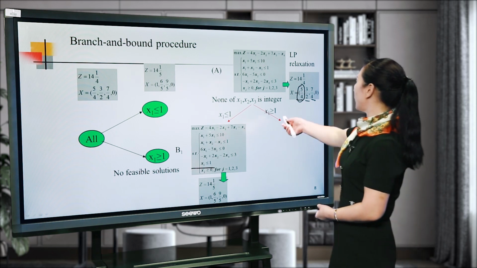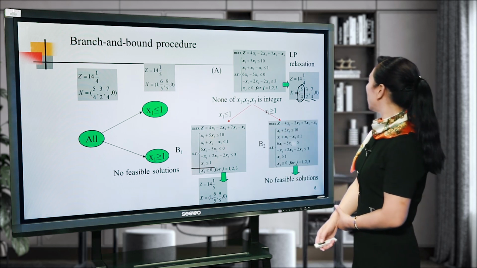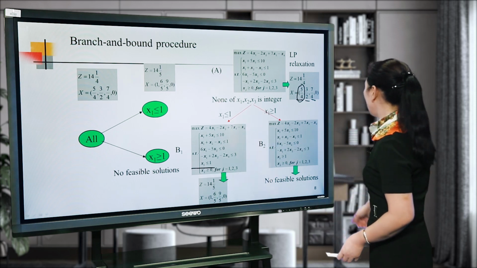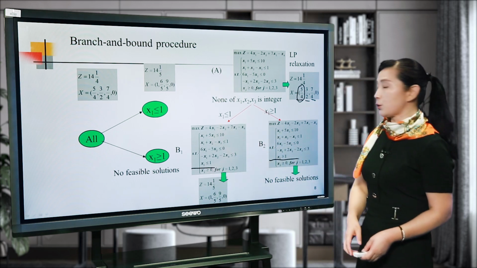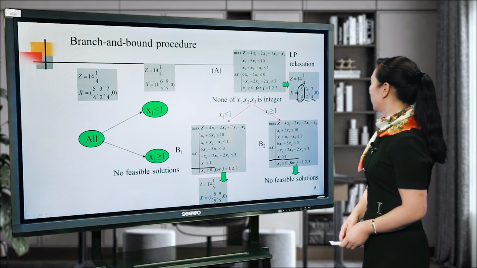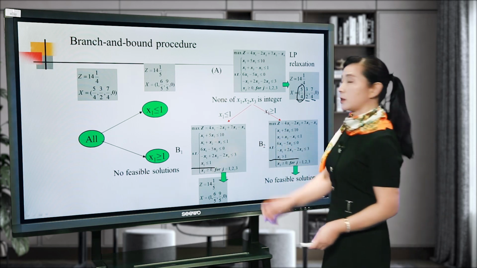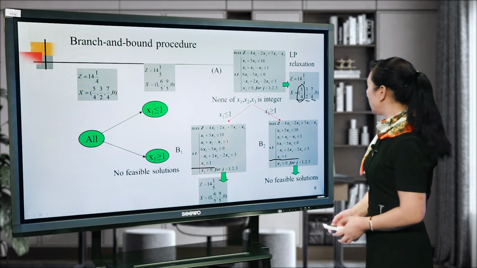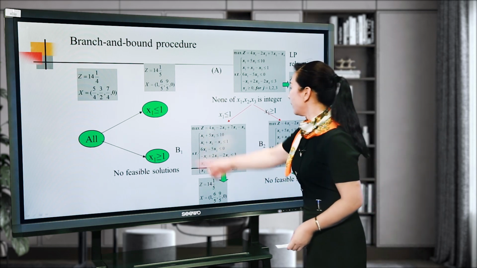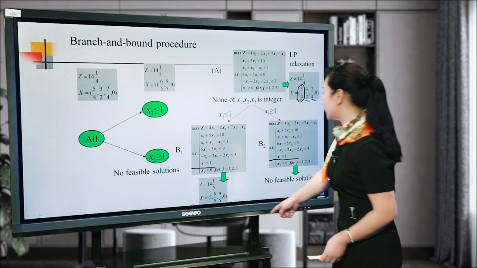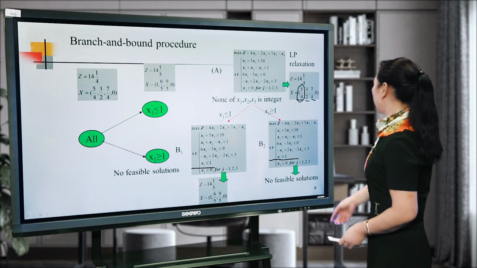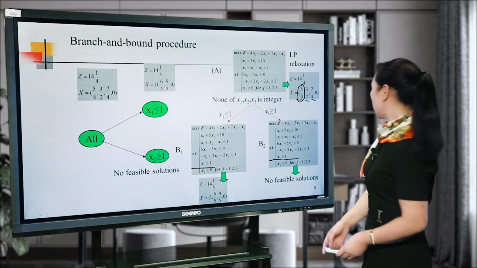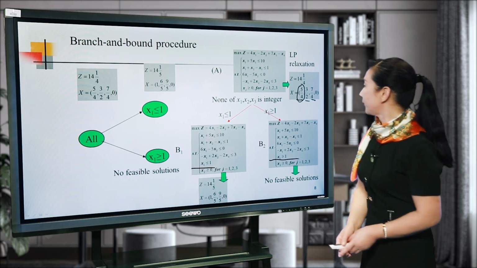And we set x1 greater than or equal to 2 to get another subproblem, B2, with its additional constraint. These two problems are LP problems. We also solve them by the simplex method, and we find that for problem B1 the optimal solution is x equal to, and the B2 subproblem has no feasible solution, so we can cut this branch.